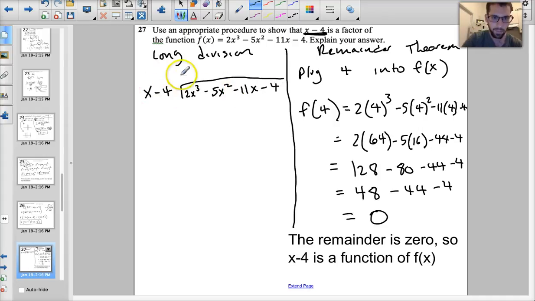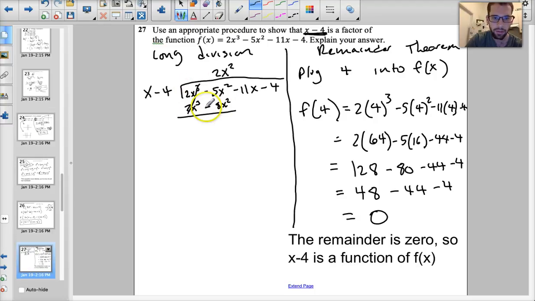All right. X goes into 2x cubed, 2x squared times. Oops, because that's 2x squared, I want to make sure I'm writing that on top of the x squareds. So 2x squared times x gives me 2x cubed. 2x squared times negative 4 gives me negative 8x squared.